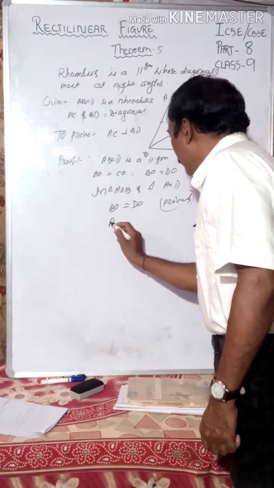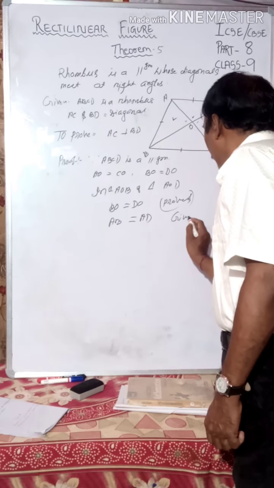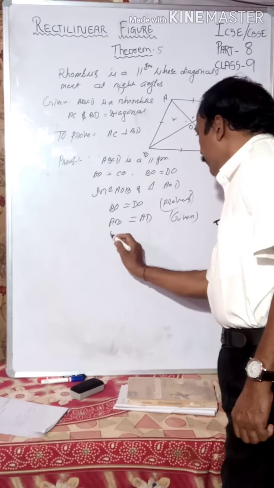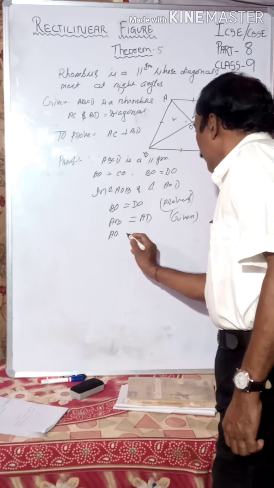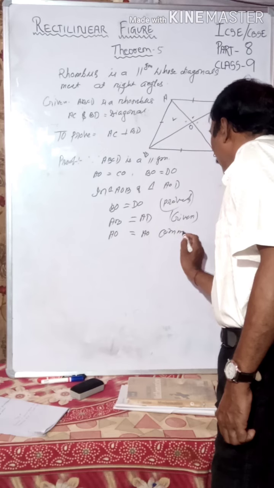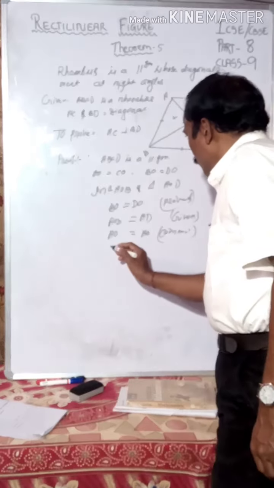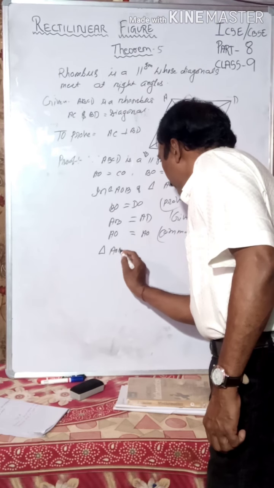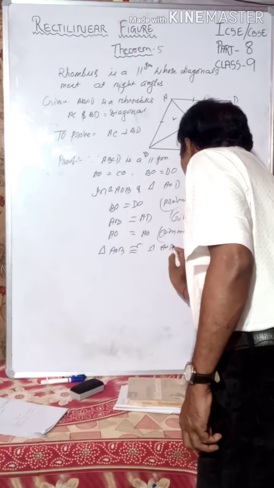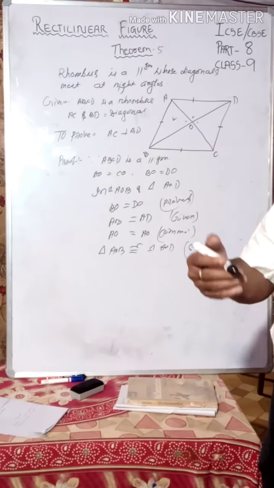Then AB is equal to AD, given, because this is the rhombus. Now AO is equal to AO, common. So triangle AOB is congruent to triangle AOD, by SSS, side, side, side.